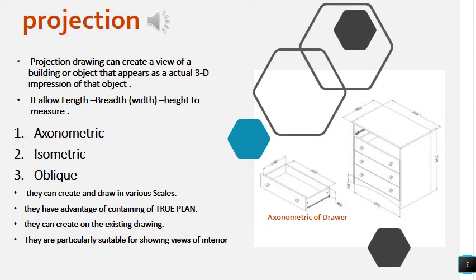It means we extend the original plan into 3D form, and all these three types have the true plan. They can be created on the existing drawing. We have a plan in 2D form, and we can create a 3D form of that drawing.